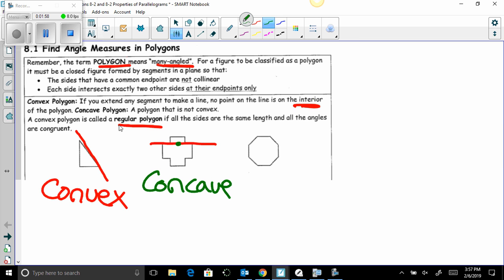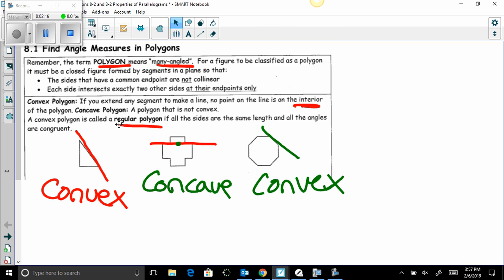Look at the figure we have next. If I extend any segment here and make a line, no point on the line is on the interior. And that holds true, so this would be convex. Now, in order to decide if these convex polygons are regular polygons, all the sides have to be the same length and all the angles have to be congruent.